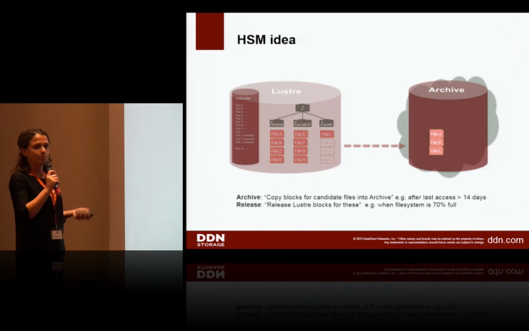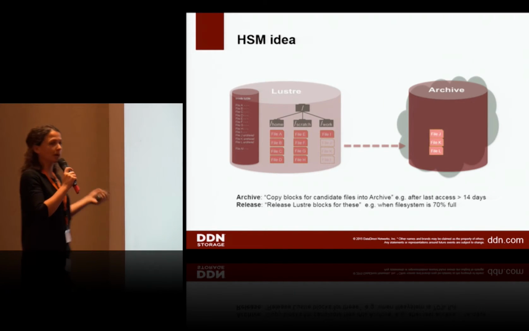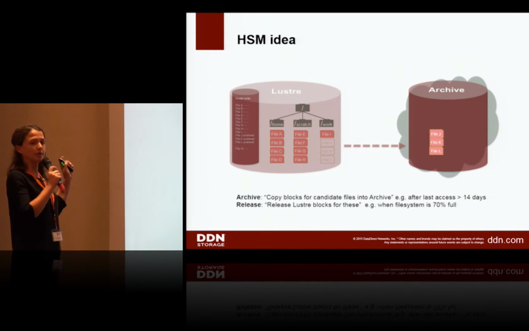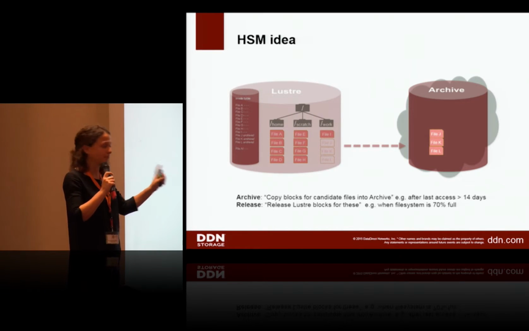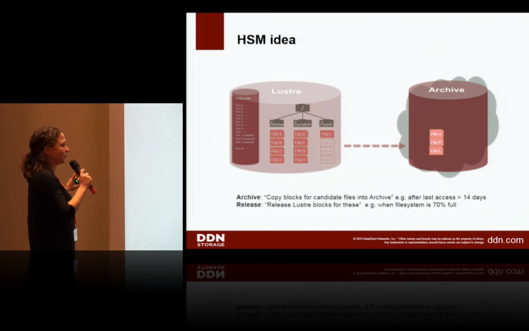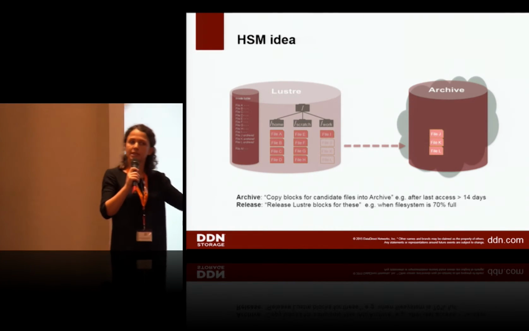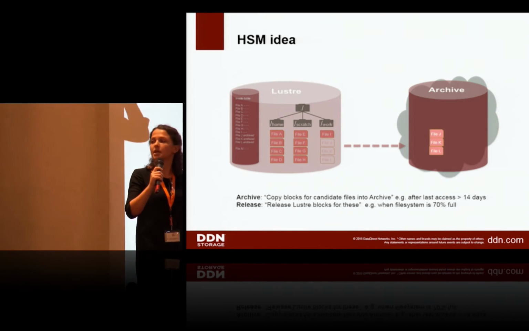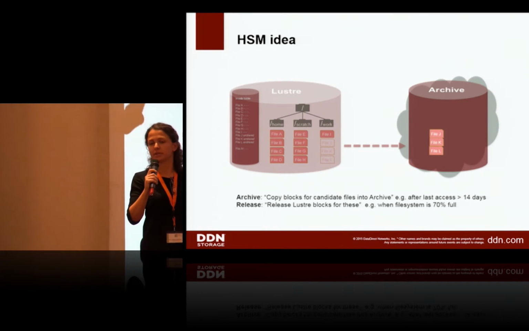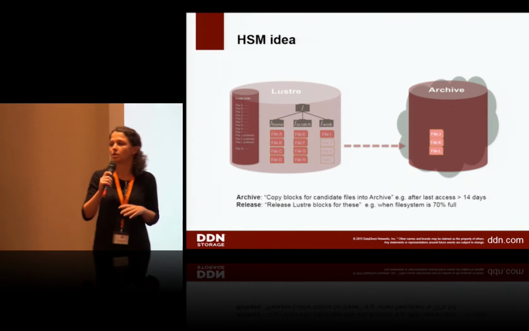The main movement that we do is to archive data. We copy the files to the tape, and we can release the data. For example, for data that we already have on tape for security, we can just free the space on our file system when we need it.